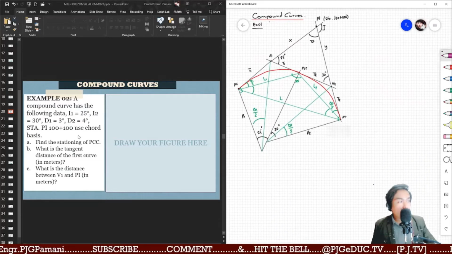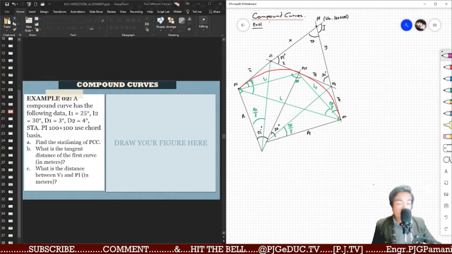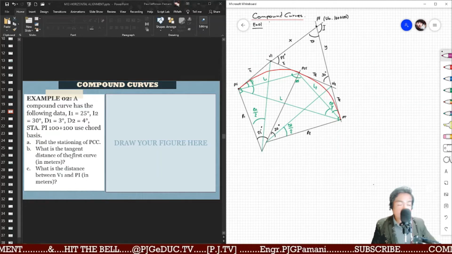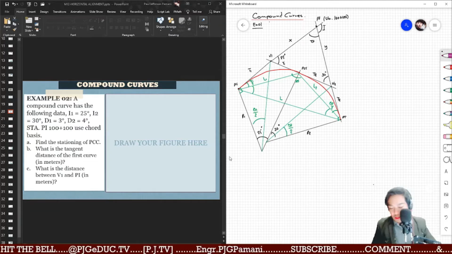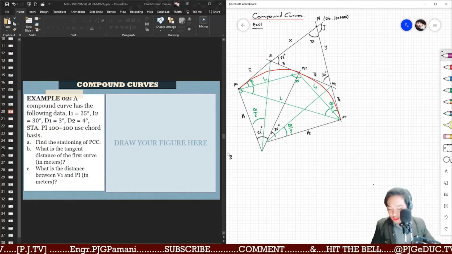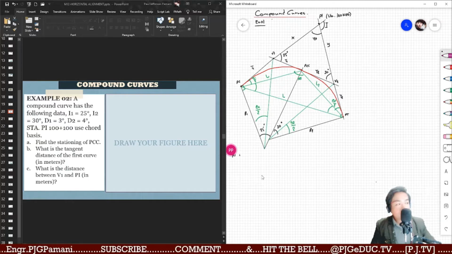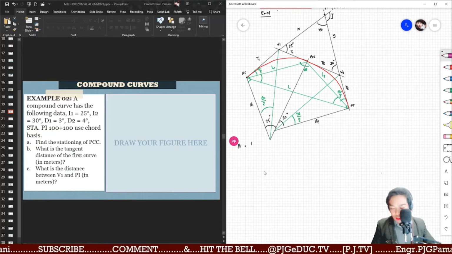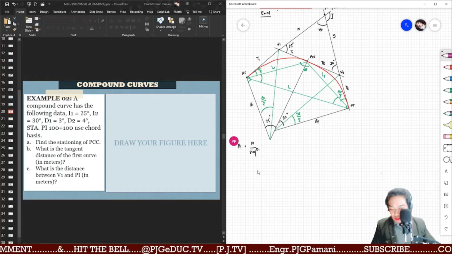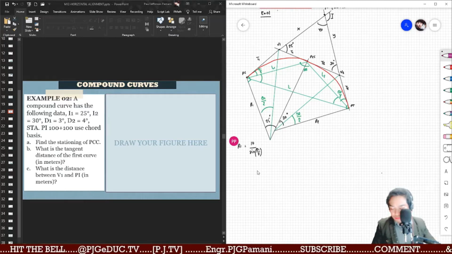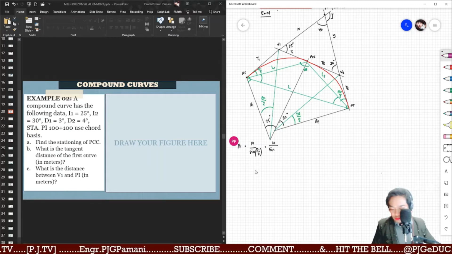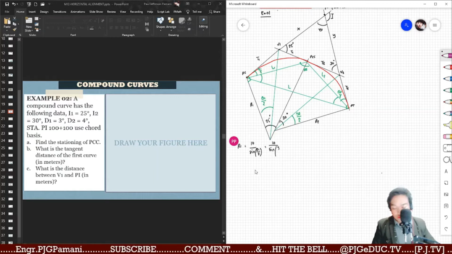Knowing that we are asked to solve the radius using chord basis, we can then solve for radius 1 and radius 2. Using chord basis, R1 is 10 over sine of the degree of the first curve over 2, which is 10 meters over sine 3 degrees over 2.